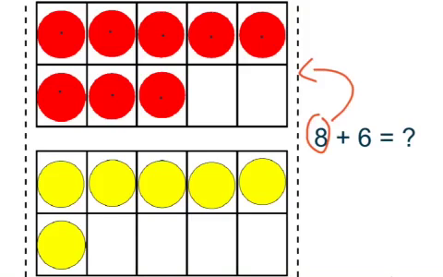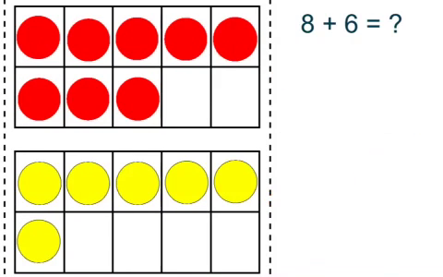I'm using the yellow counters to represent 6. There are 6 yellow counters on this 10 frame. Let's count those. 1, 2, 3, 4, 5, 6. 8 red counters plus 6 yellow counters equals how many counters altogether?